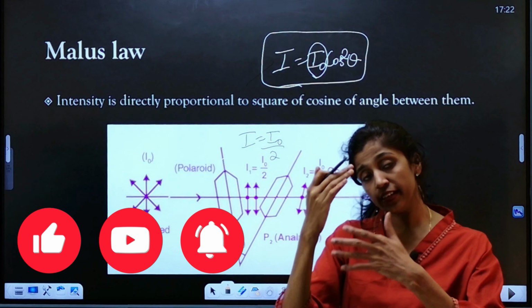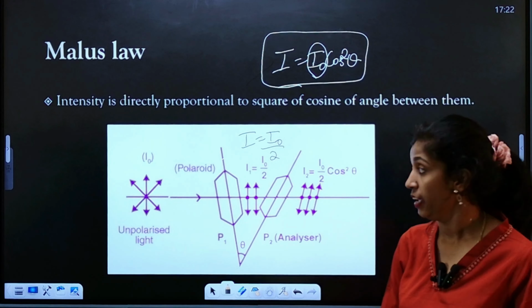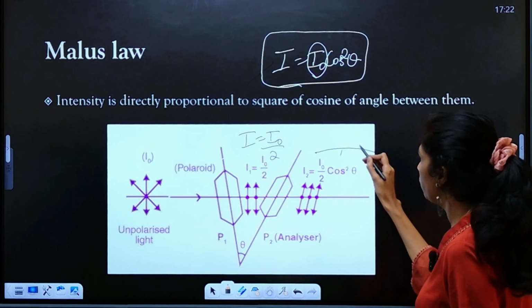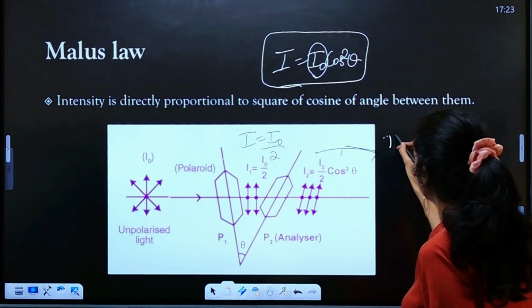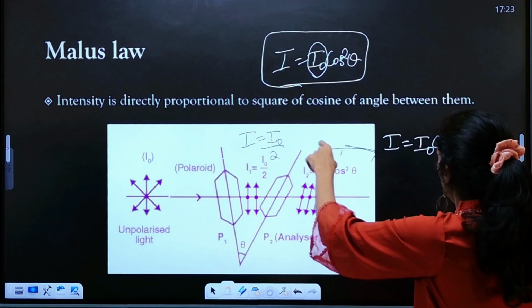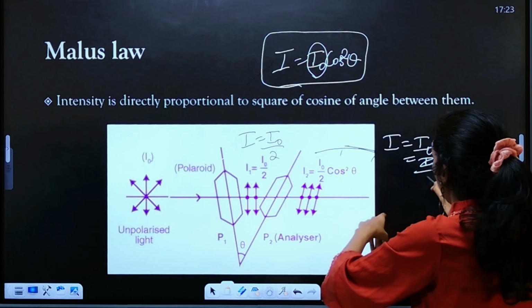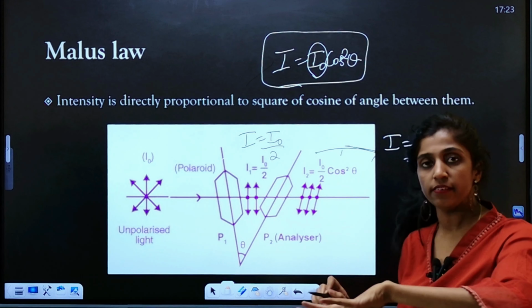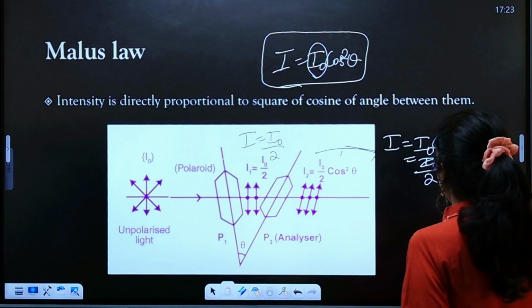Then the final intensity uses the formula I naught cos square theta, where I naught should always be written as I naught by 2, because it is already reduced to 50%. So I naught by 2 times cos square theta.